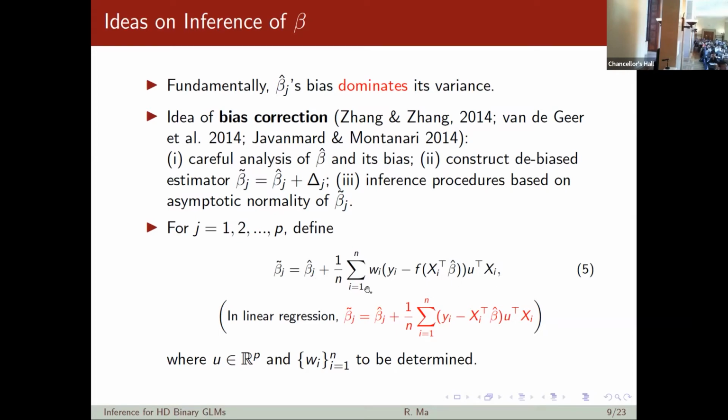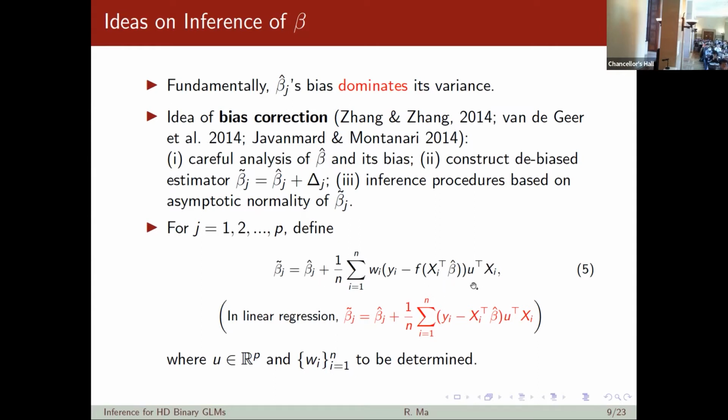I do want to point out that there is a similarity in the debiased term to that in the high-dimensional linear regression as studied in those three papers. The key difference is that in this general form, we allow further flexibility by considering sample-specific weights, W_i, which essentially characterize the differences in the contribution of different samples to the final bias in this beta hat estimator.